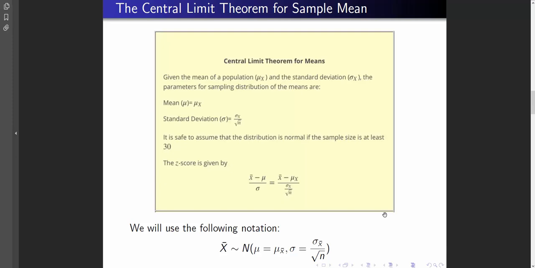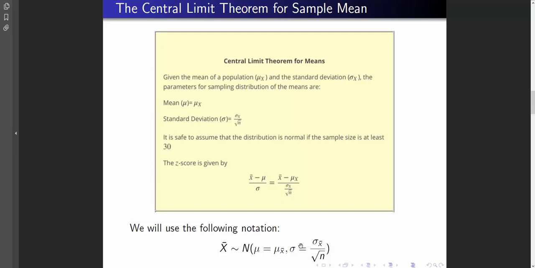If we have a population with known mean and standard deviation, so we have some parameters, population mean and population standard deviation, and we take a sample size that's large enough, which means 30 or bigger, then the distribution of the sample mean is normal, regardless of what the population is.